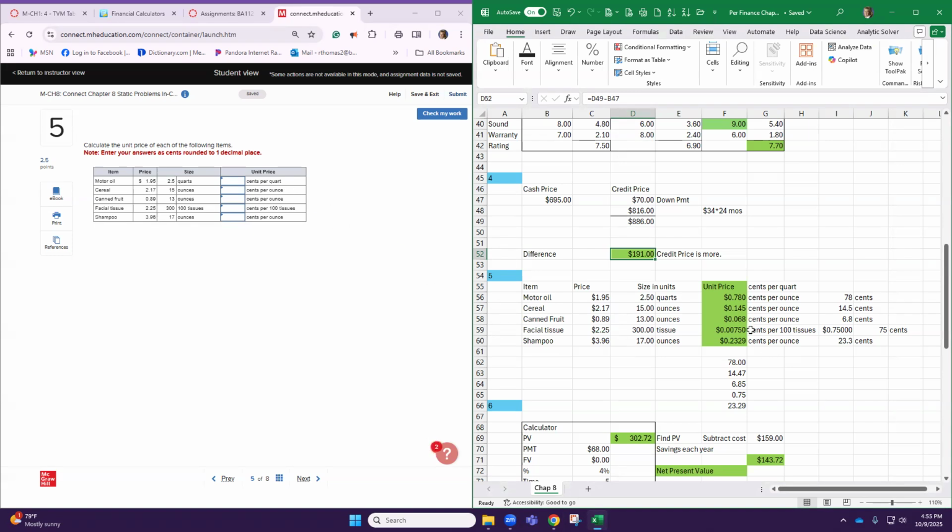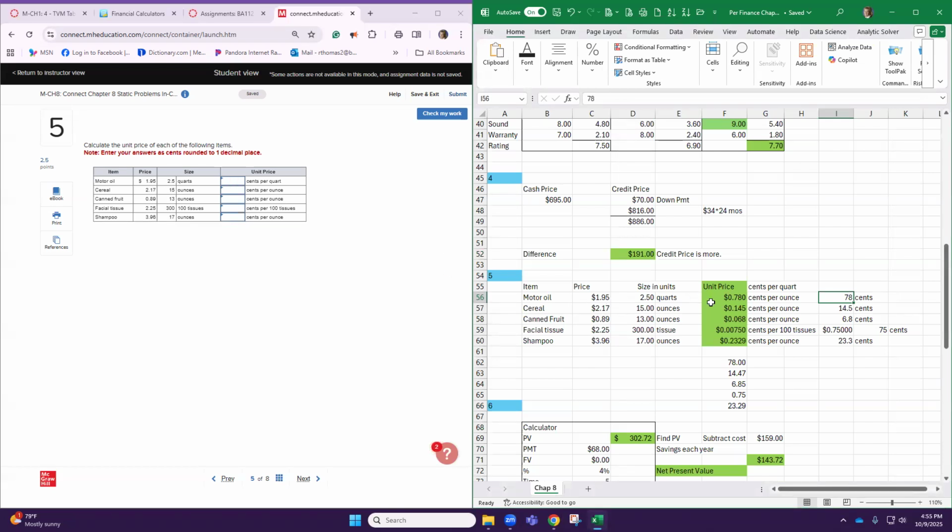So don't forget, if you're looking at my Excel spreadsheet, I am highlighting a dollar sign with 0.78. Now that is 0.78 of a dollar, but what they want you to put in is 78 cents. Okay, because they want cents. If you put in 0.78, it'll be marked wrong.